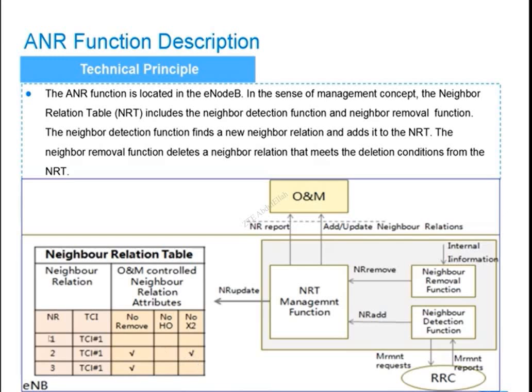That means in this neighbor relation, it's forbidden to perform X2 handover. So it defines the neighbor relation and also defines the neighbor attributes. When the neighbor removal function or the neighbor detection function detects a neighbor that meets the strategy, it will report to the NRT measurement function, which will perform the NRT update. So this is the basic principle.